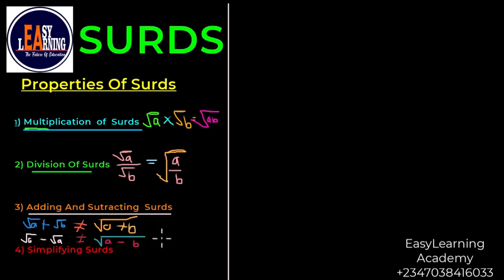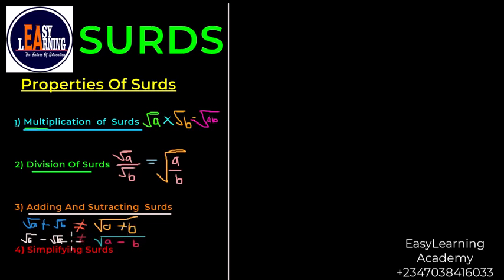So when they are different, let's have this as A minus B. When the surds are different, you cannot subtract them together.